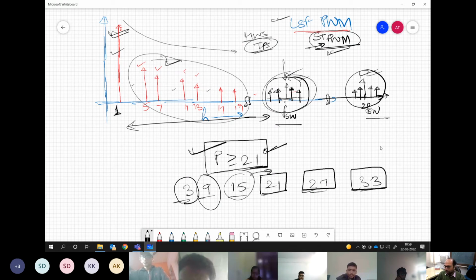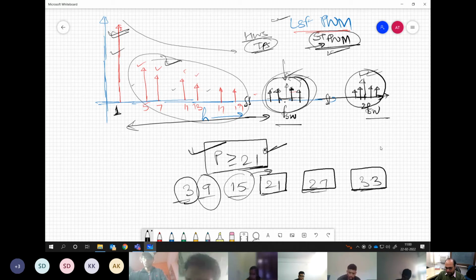That is true. But in asynchronous PWM, whatever assumptions we have made will not be applicable because the quarter wave symmetry will be lost. Still, there has to be some boundary.